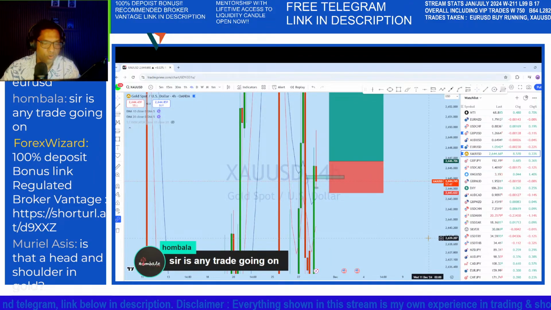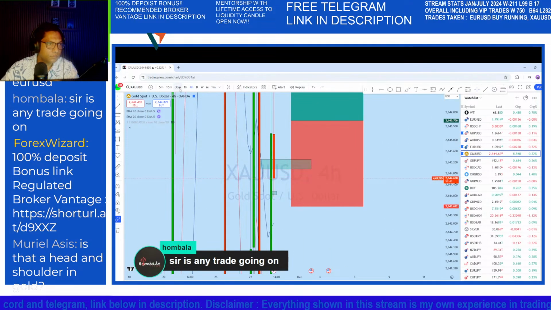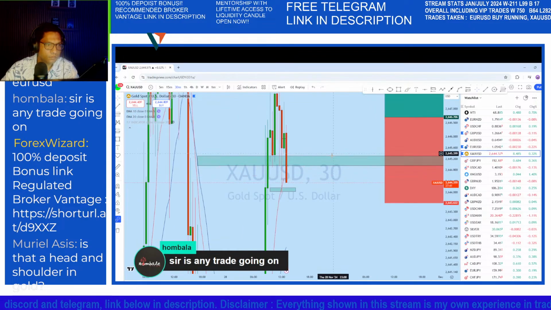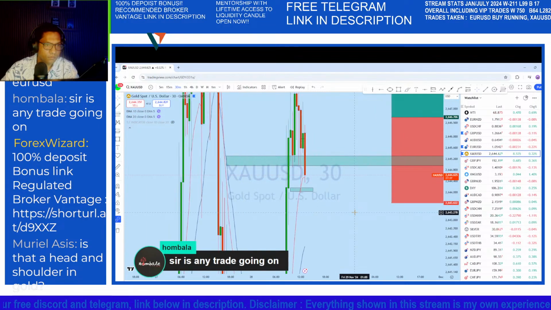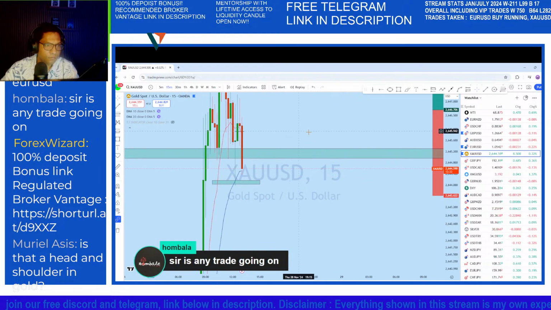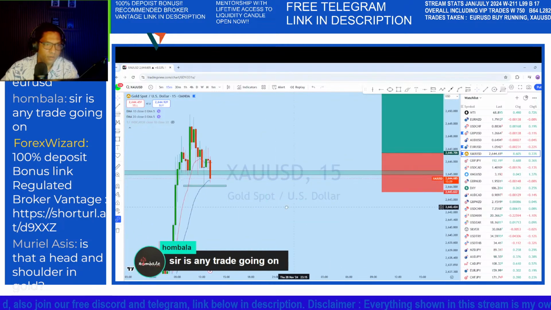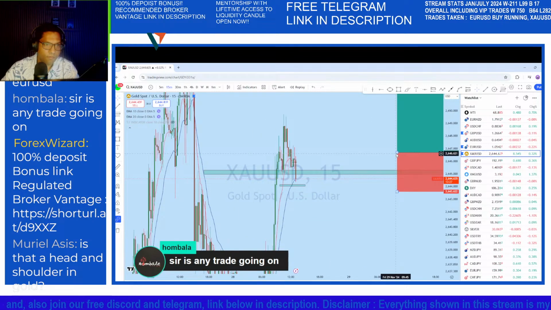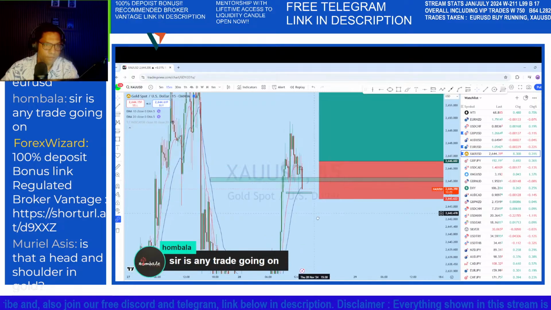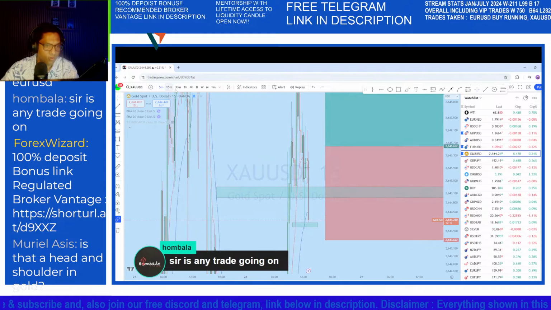So from this zone, okay, so we can see another retest of the 15 minute 20 EMA, and I'd like to see a potential rejection here. It's the last point that we can look for.